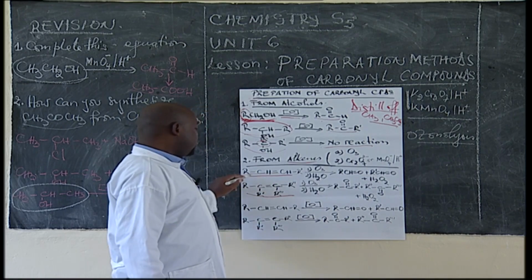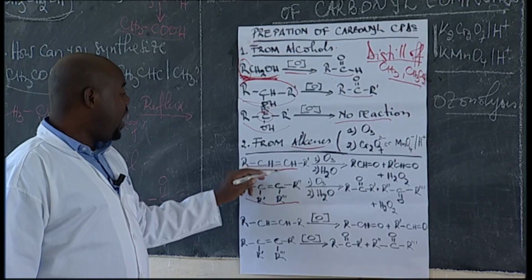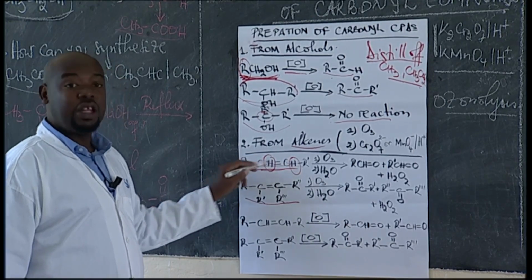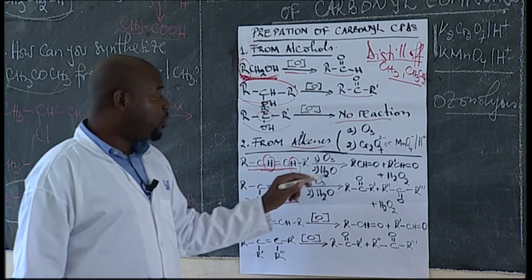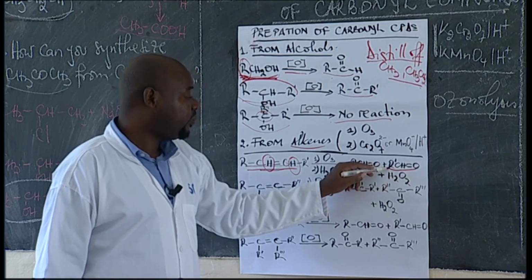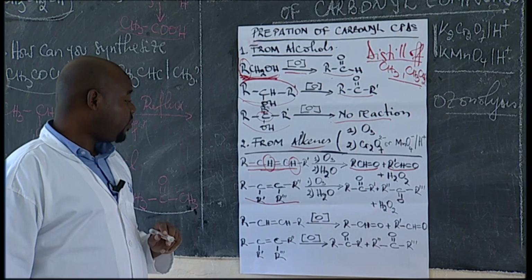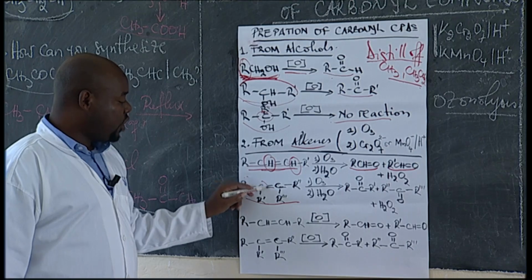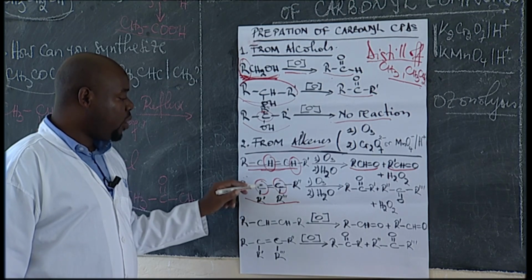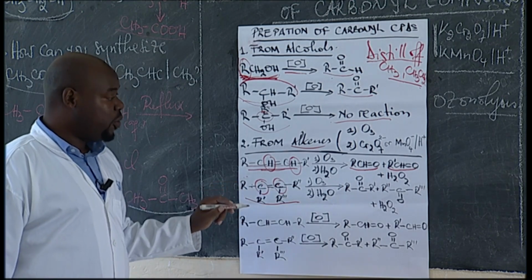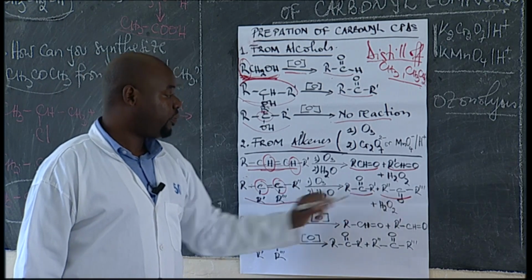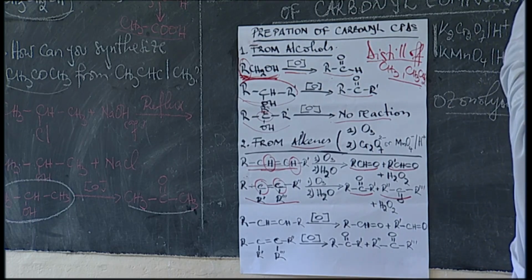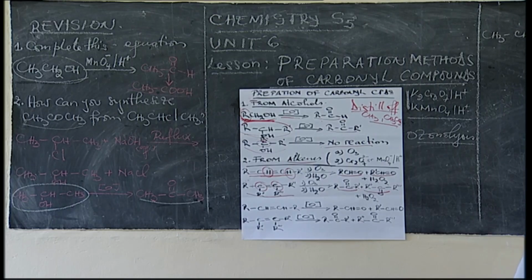If you use an alkene which has hydrogen and hydrogen on the 2 carbon atoms of the double bond, you will produce aldehydes. But if you use an alkene which is completely substituted on the 2 carbon atoms making the double bond, you produce 2 ketones. Here we can give the example of CH3CH=CHCH3.